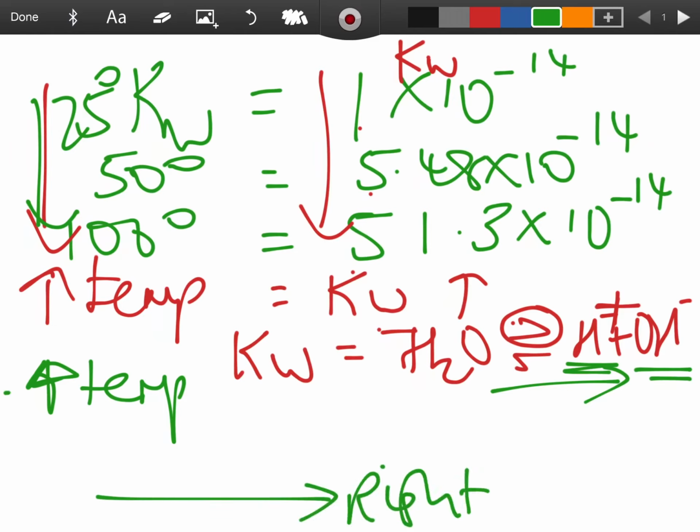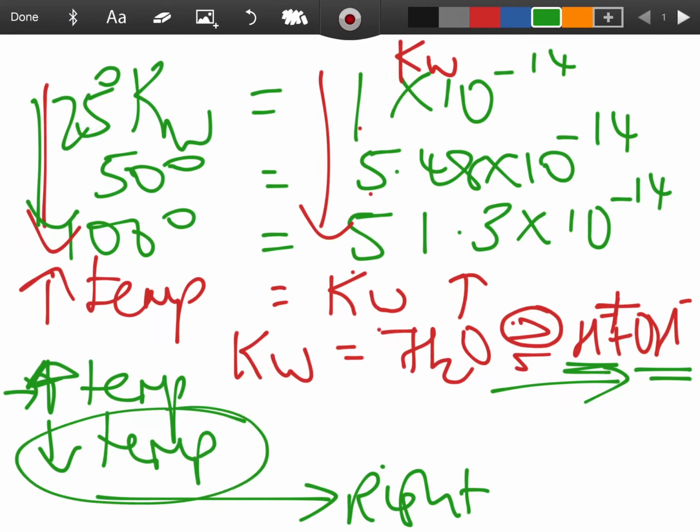Okay, that's the stress. What does the reaction want to do? The reaction wants to relieve the stress by decreasing the temperature. How does it decrease temperature? It moves over to the right. So the forward reaction here must be endothermic. Okay? So just to run over that again now.